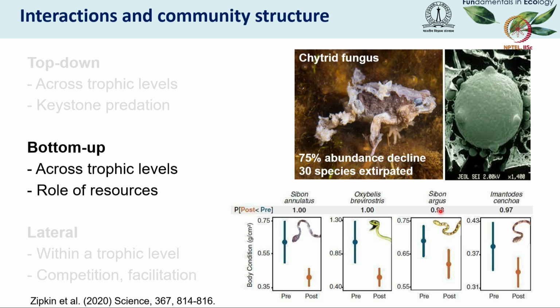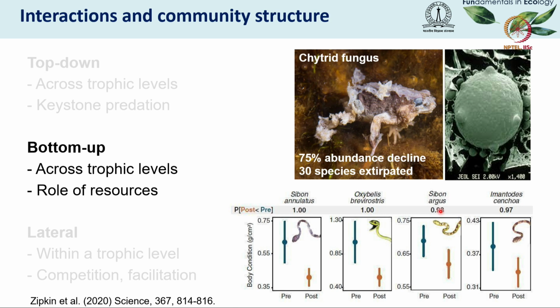What you're seeing on the left is a frog that has been infected with chytrid fungus, and on the top right a picture of the spore of the chytrid fungus. In some locations in Central and South America, chytrid fungus actually led to a 75% abundance decline of amphibians.